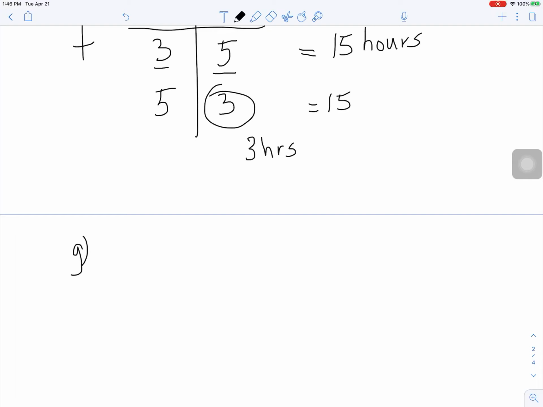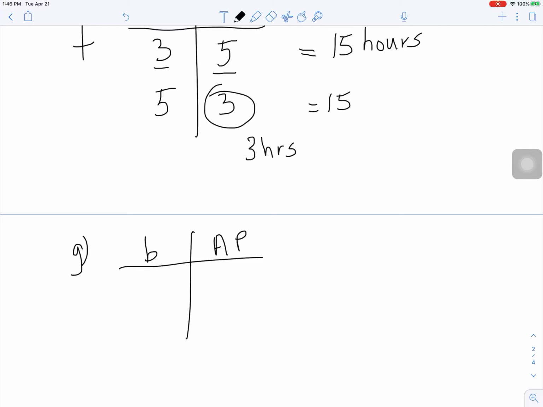Okay, the last one, G, asks the question. It says the volume of air in a balloon and the air pressure in the balloon are inversely proportional. If the balloon is squeezed to half its original volume, by what factor does the air pressure increase? Okay, so let's just grab some numbers.